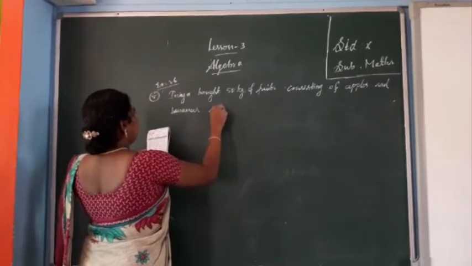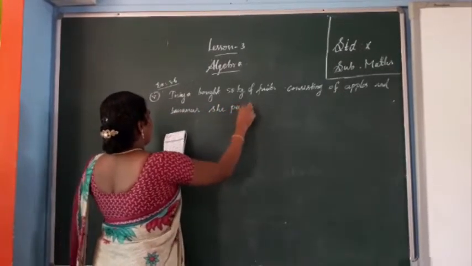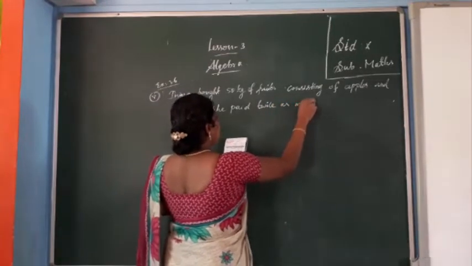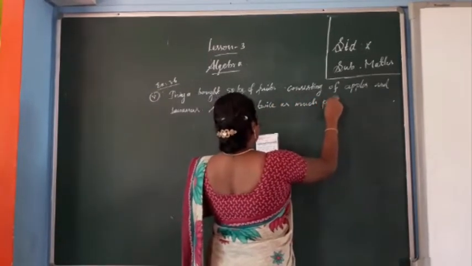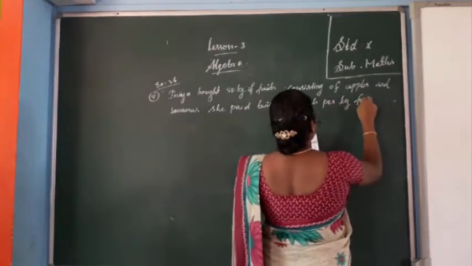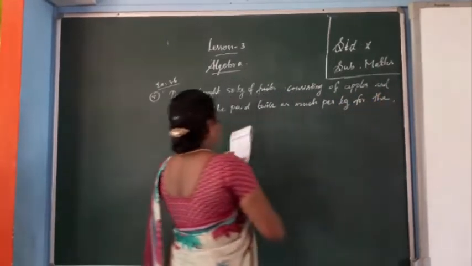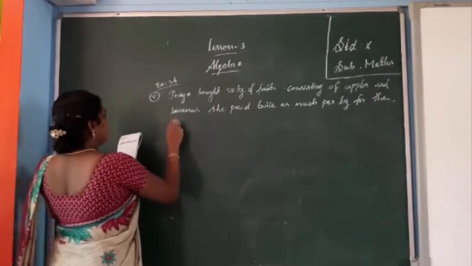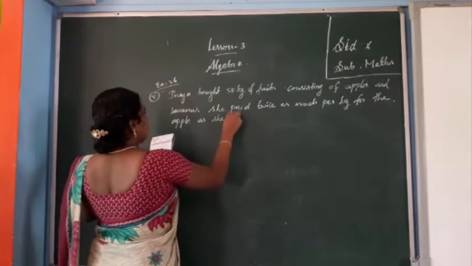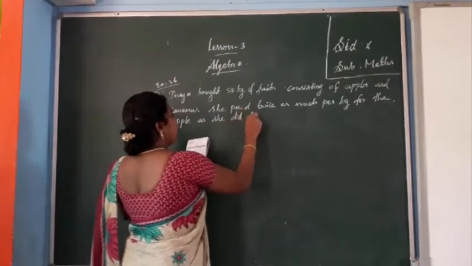She paid twice as much per kg for the apple as she did for the banana.